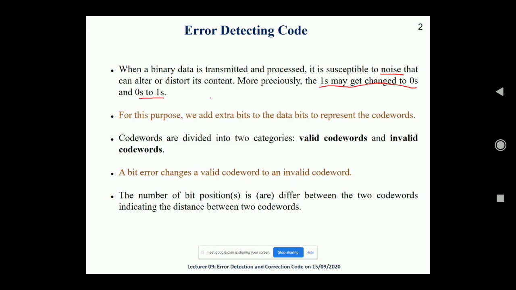Suppose some devices are connected with each other. When a device receives the information, it receives it wrongly, due to different types of noise and errors that occur.